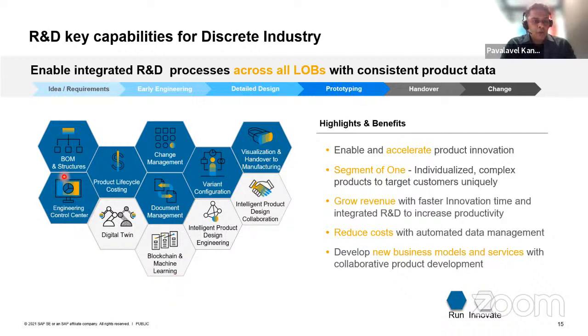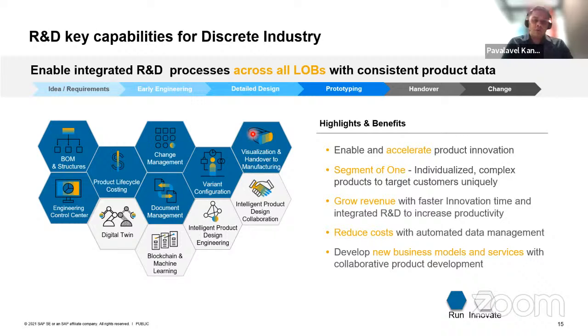If you look at it, we can maintain BOMs and structures in SAP. We have an engineering control center, an extended product lifecycle costing, change management process, document management process, variant configuration, and visualization and handover to manufacturing. So the entire R&D process is handled in one single system, so that you have end-to-end visibility of the entire process.